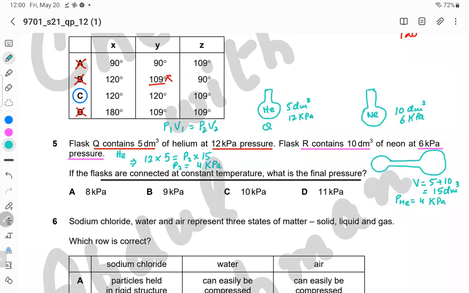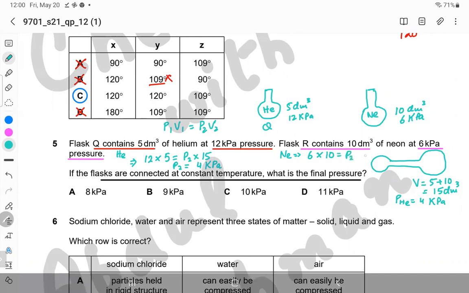Now, in the same way, we will work for the pressure of neon as well. The initial pressure of neon is 6 and volume is 10. Now, the final pressure is unknown, but the volume becomes 15. So if you solve it, what answer do you get?